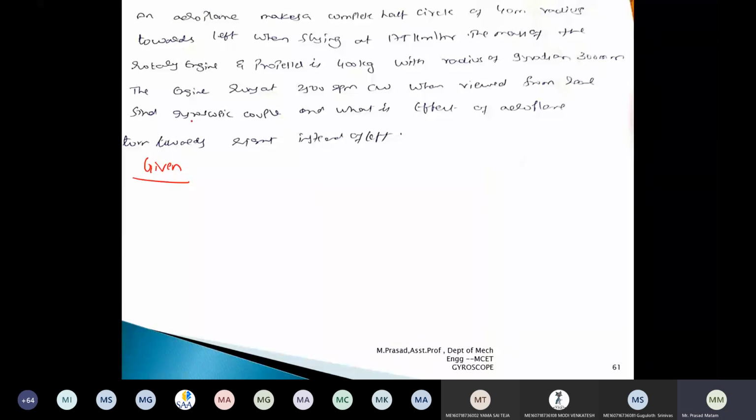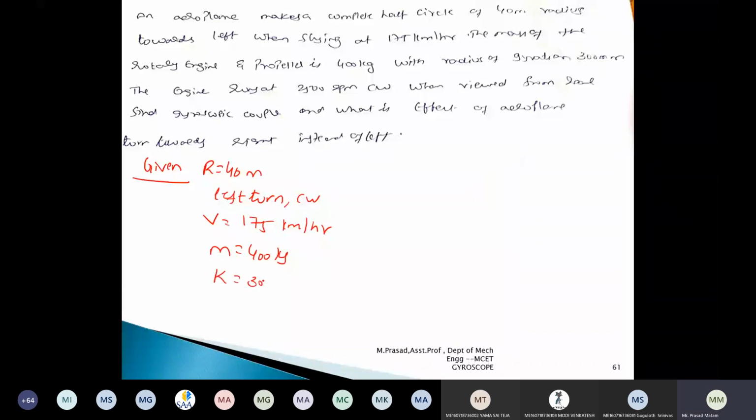What is the radius they have given here? Radius of rotation is 40 meters. It is taking a left turn, and the rotor has clockwise motion. Velocity v is equal to 175 km/h. Mass of the engine and propeller m is 400 kg.